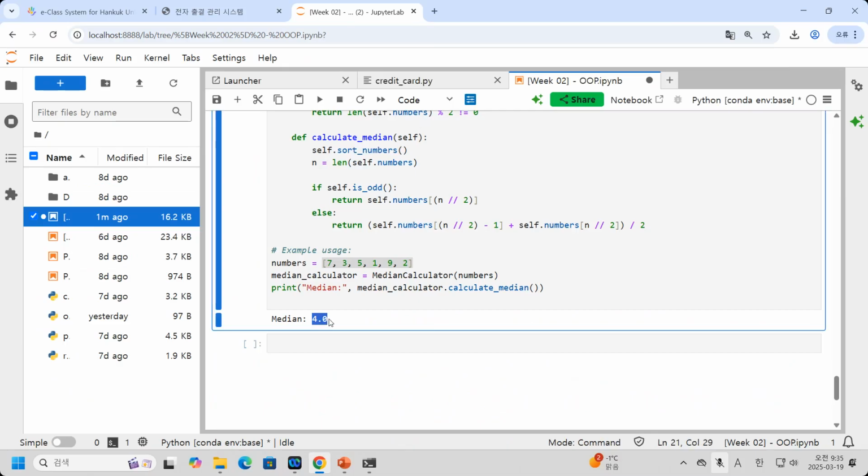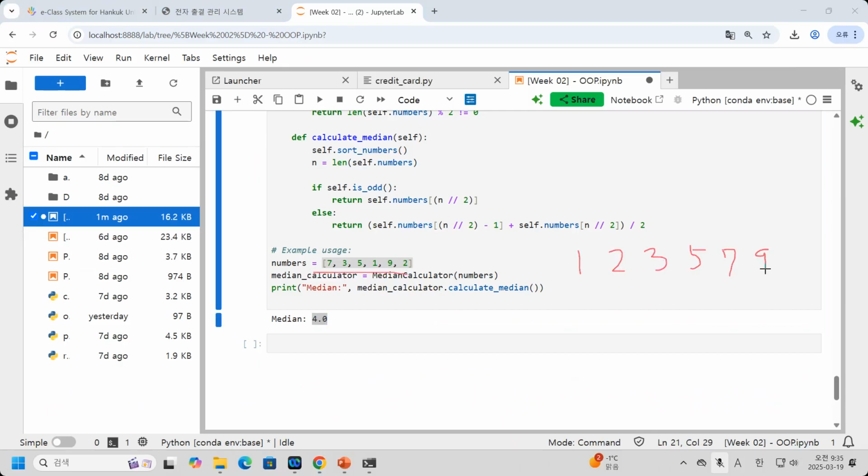How can we get this 4? The values here will be sorted: 1, and then 2, 3, 5, 7, and 9. What is the total number of this data?